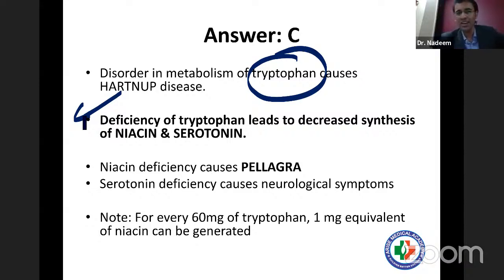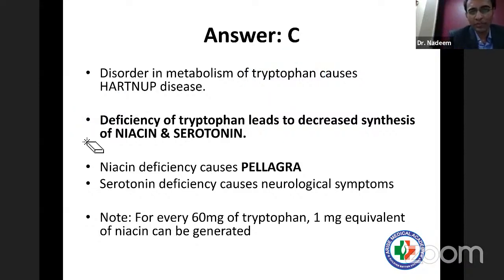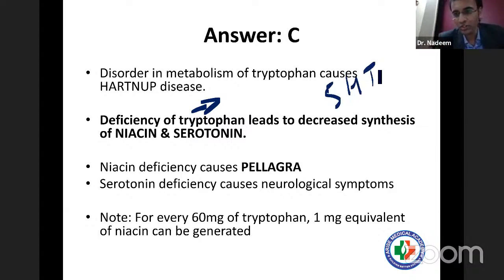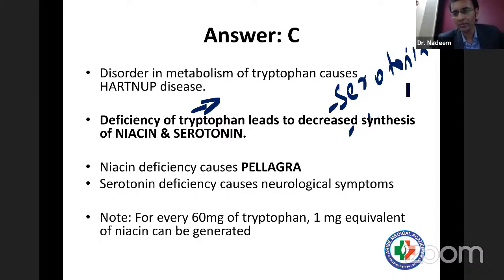So what is happening here? Deficiency of tryptophan leads to decreased synthesis of serotonin, 5-HT, and niacin.